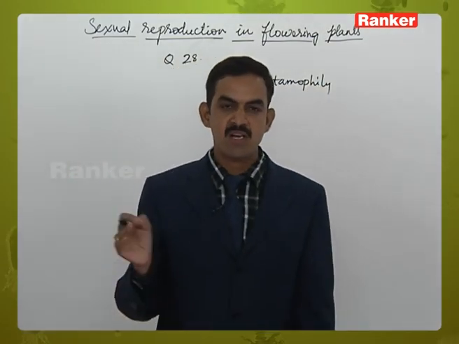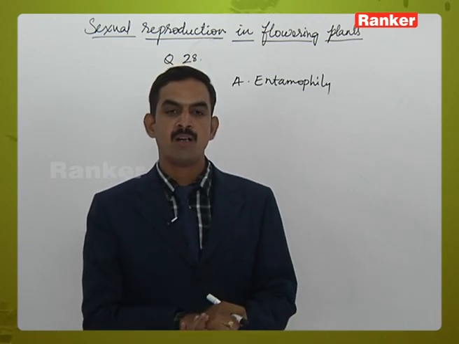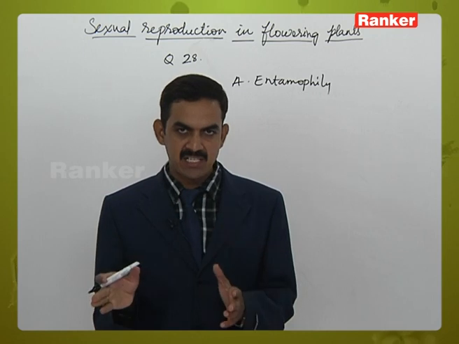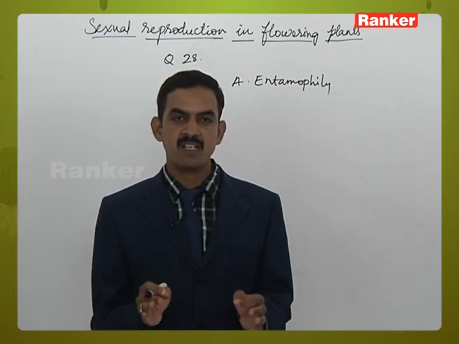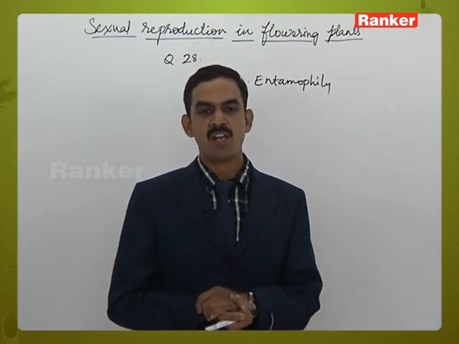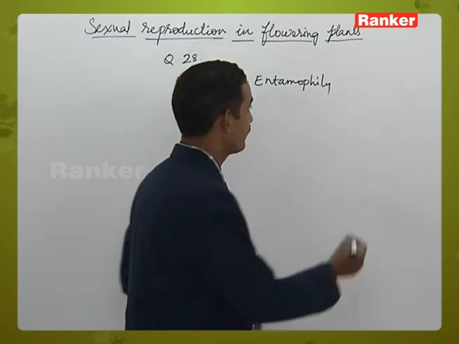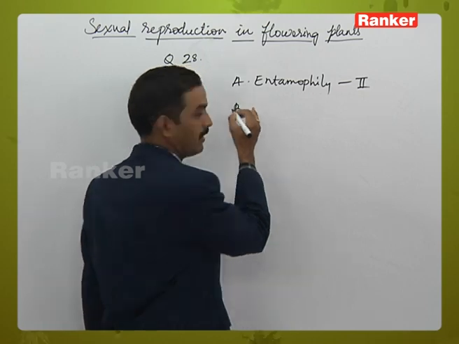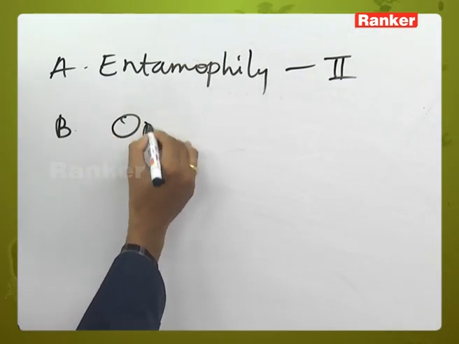Entomophily means pollination with the help of insects. Of all the biotic agents, the most frequently occurring method of pollination is by insects. So entomophily means by insects, that is 2. B is ophiophily.